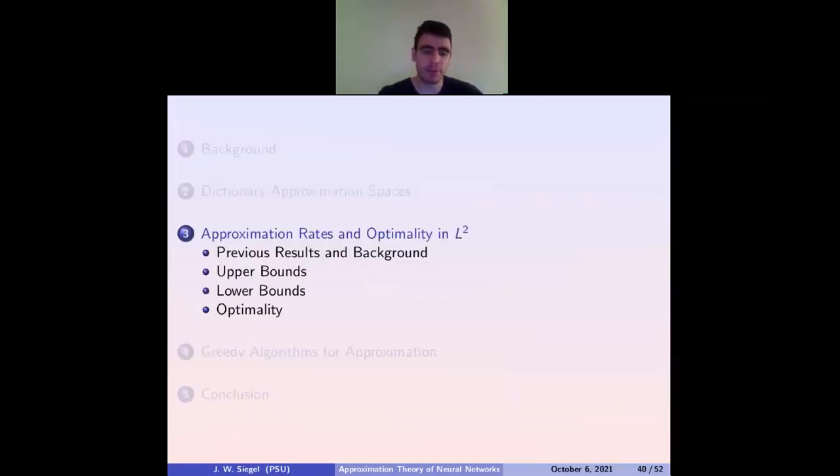So next, I want to talk about this question of optimality. So far, to summarize, we've introduced this class of functions given by the convex hull of these sigma of omega dot x plus b, and we've looked at the approximation rates and determined exactly what approximation rates the ReLU^k dictionaries can attain on that set.